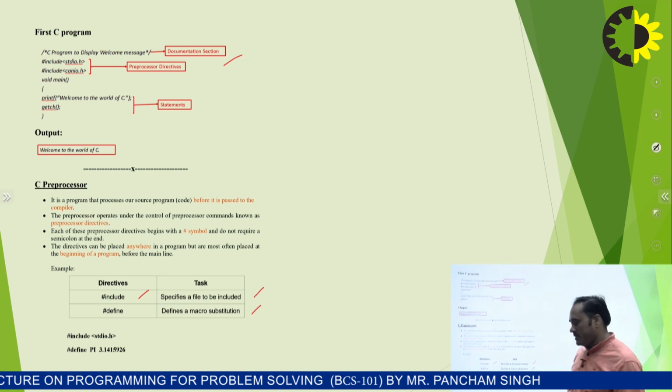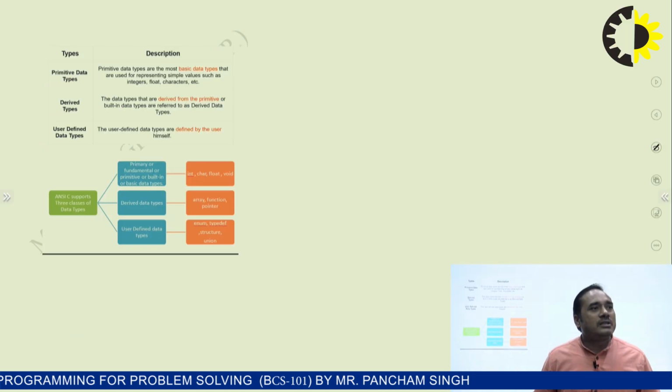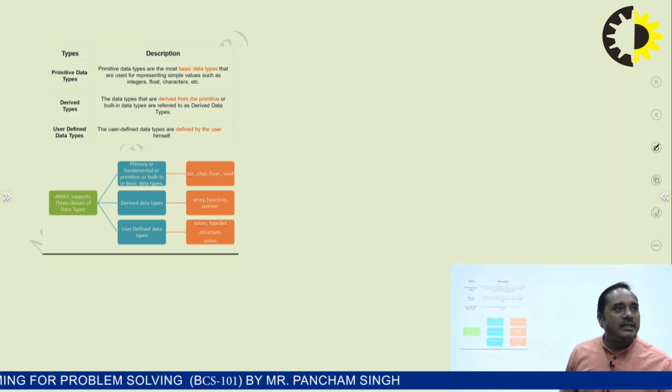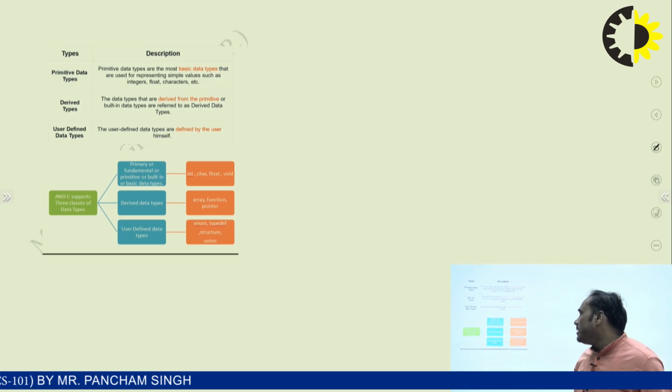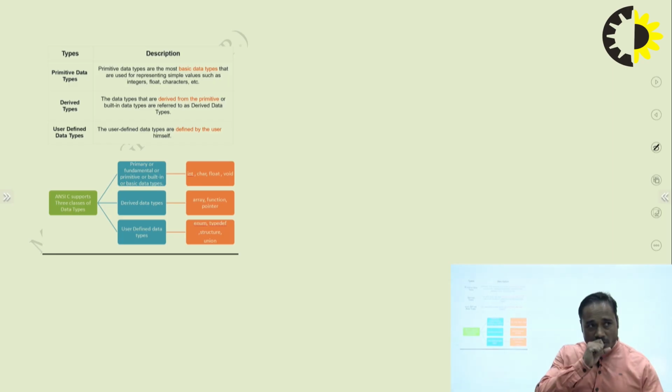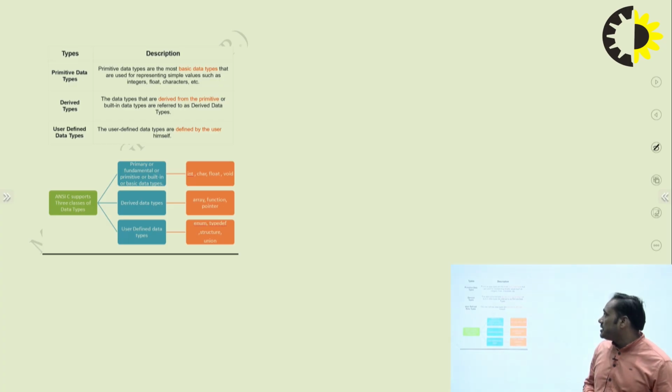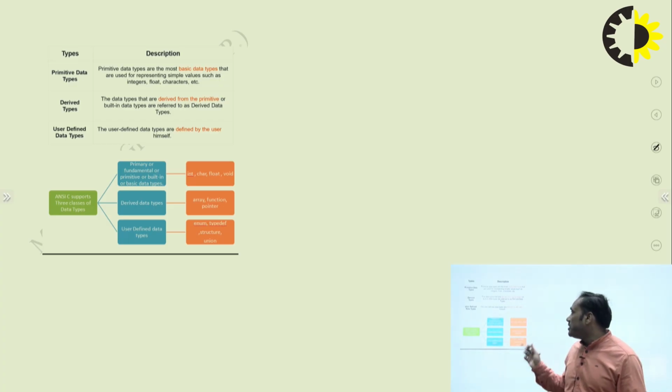Now types of data. If you are going to discuss the types of data: primitive data, derived data, and user defined data. So there are three different types of data. Primitive data types are the most basic data types that are used for representing simple values.